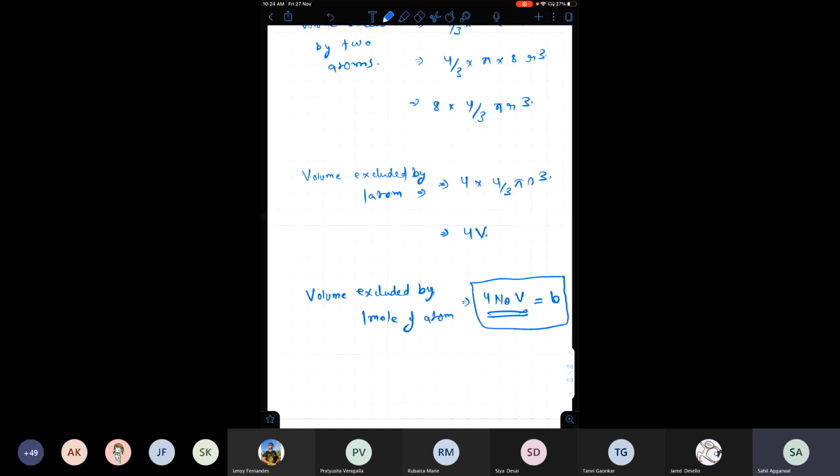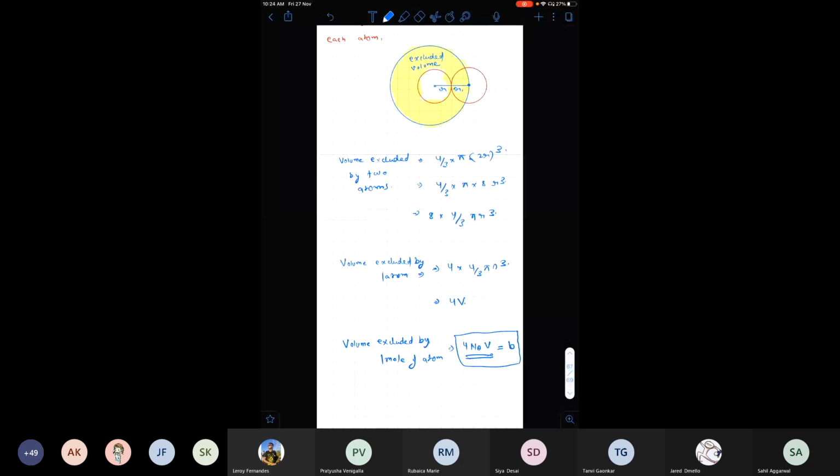Any doubt till here? Another molecule can come in that excluded area? No. Only one atom can come in that excluded area. No other atom can come.